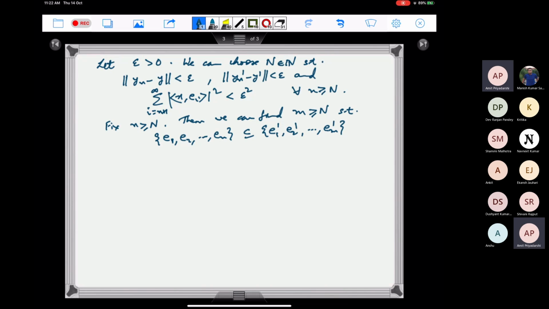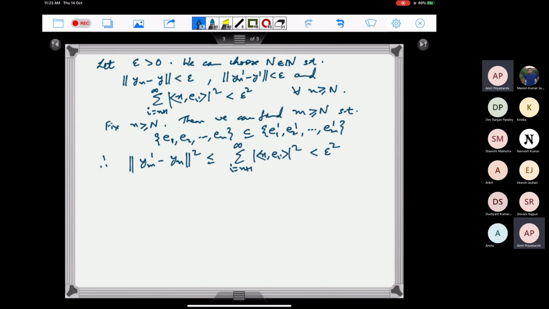So now if we look at ym dash minus yn, norm square, this will be less than or equal to the summation of x dot ei square, i equal to n plus 1 to infinity, and this we know is less than epsilon square. So why is this true?